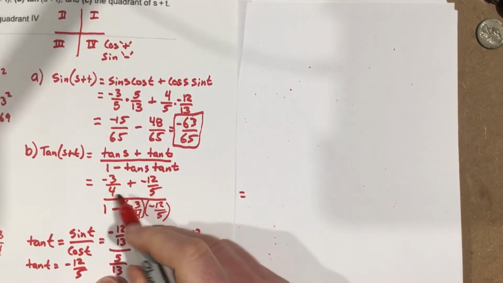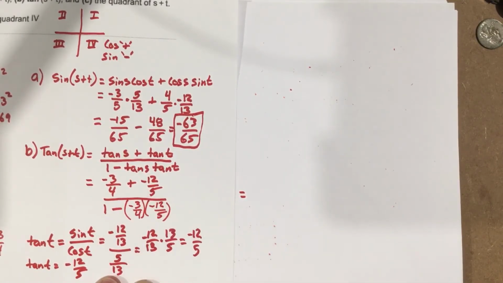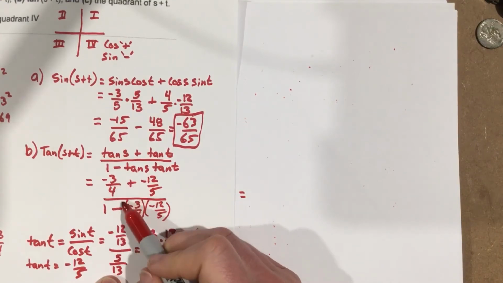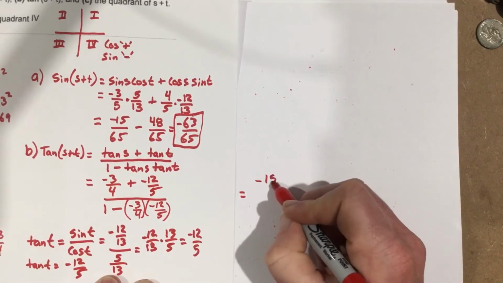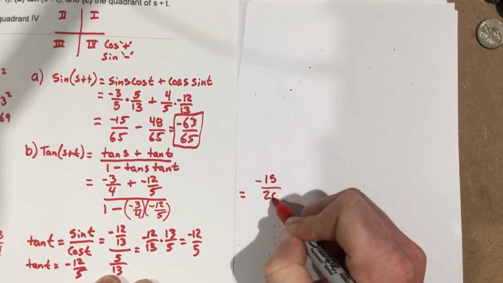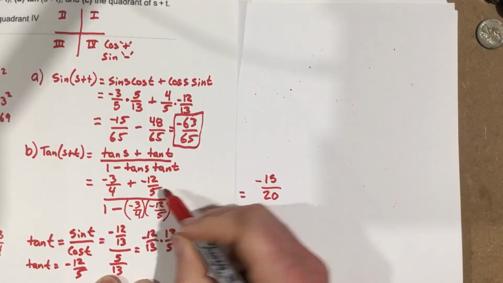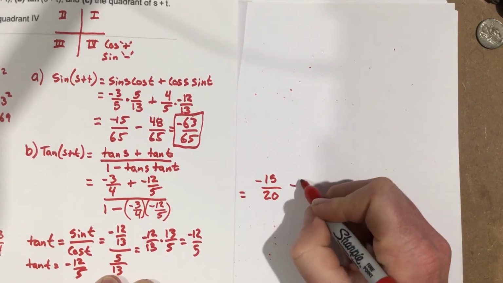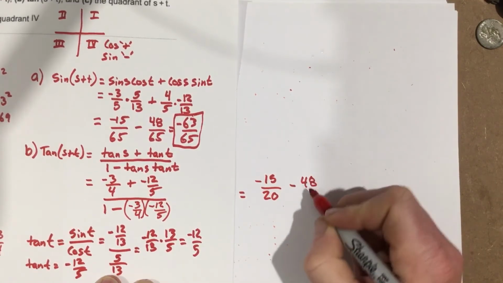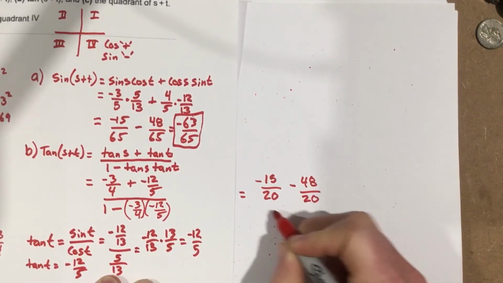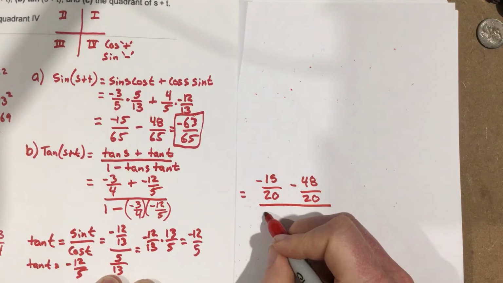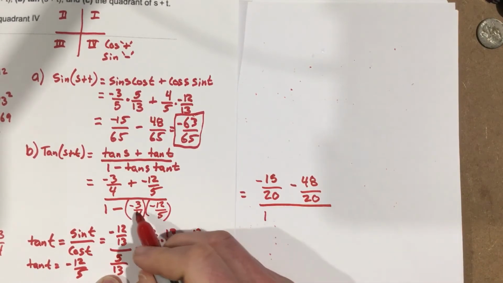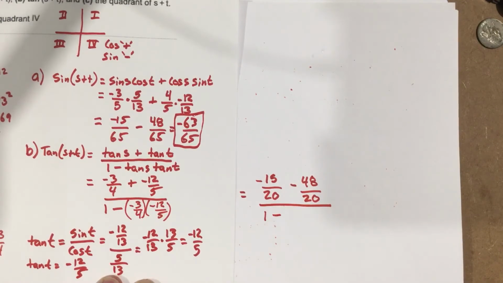So this will give you negative 3 over 4 and negative 12 over 5. Well, I need to multiply this by 5 over 5, and that would be negative 15 over 20. Multiply this by 4 over 4, and that'd be minus 48 over 20, over, when I multiply these on the bottom, I get 1 minus... well, this will give you a positive, so 3 negatives will make it 1 negative there.